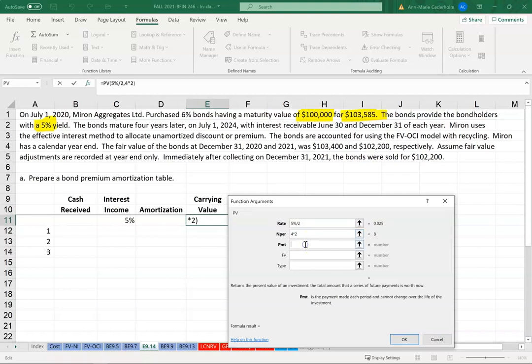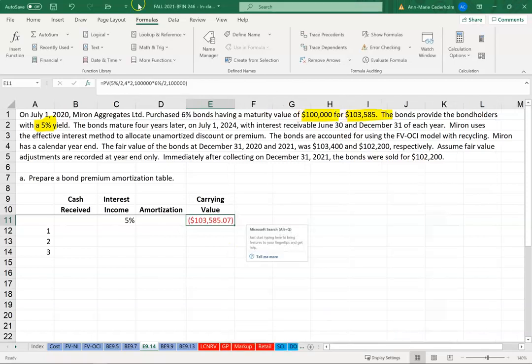Now the payment amount is always on the face value, so I'm going to take the 100,000 and multiply that by the stated rate. Now the stated rate of the bond is 6%, so that's the rate the bond has to pay in interest per the actual bond contract. So I get 6,000. But again, I'm just going to divide that by 2 because you're paying it out twice a year. And the future value is the face value, so that's 100,000. So now we'll see that I got 103,585, which is the present value that I want.